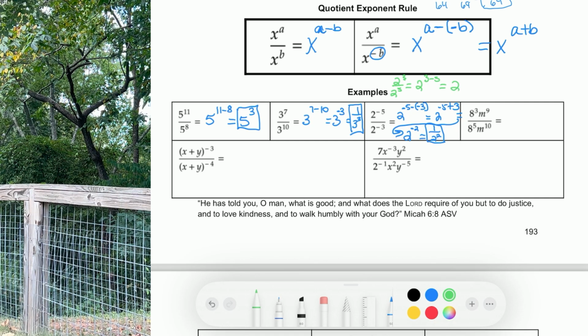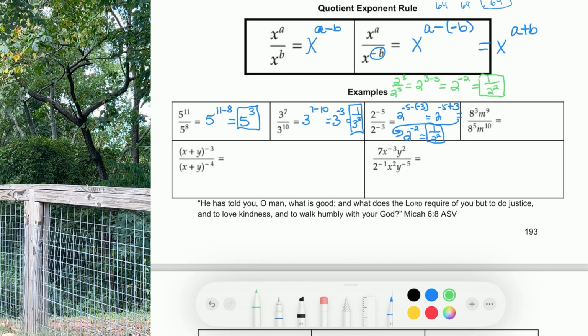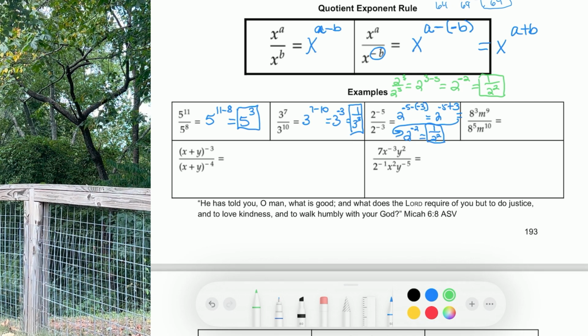That gives me 2 to the negative 2, and then I have to flip it to get 1 over 2 squared so that my exponent is positive. We still ended up with the same answer. It's just 2 different ways to go about it. And that's one of the cool things about knowing all these rules is sometimes, depending on the problem, one rule may work better than another, even though both of them are possibilities of being used.